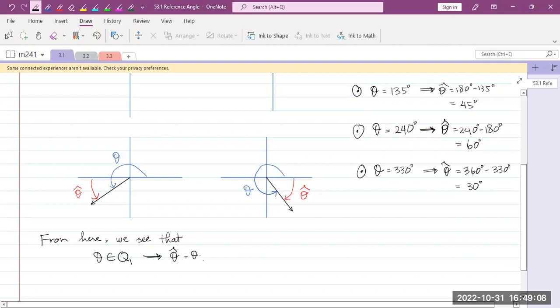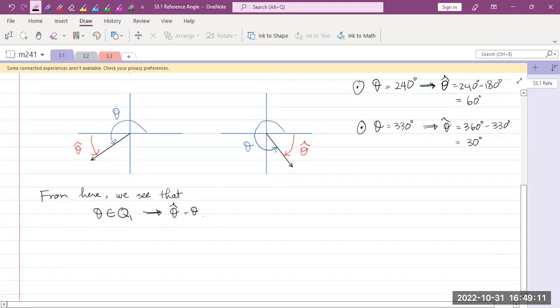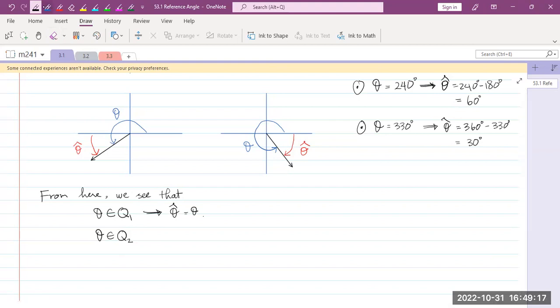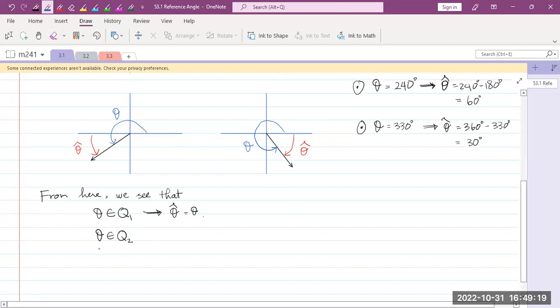It's already an acute angle, right? Now, if the angle theta is in quadrant 2 instead, which means theta is between 90 degrees and 180 degrees, less than 180, then the reference angle will be the supplement, 180 degrees minus theta.